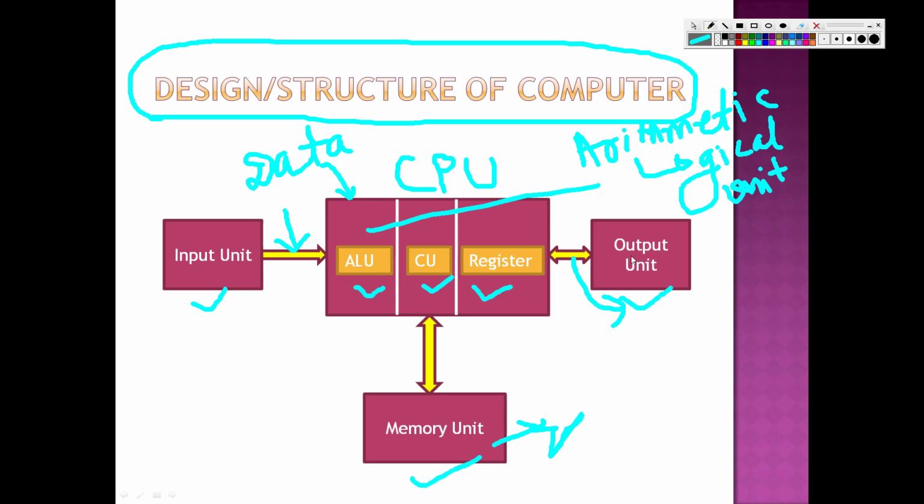Input units like keyboard, mouse. In the previous videos we already discussed the definition of computer. In the definition of computer we already covered these 4 topics, because the input unit takes the data from the keyboard, mouse and gives it to the CPU. CPU processes this data. After processing, the CPU generates the output, a result, and that result is shown on the monitor.